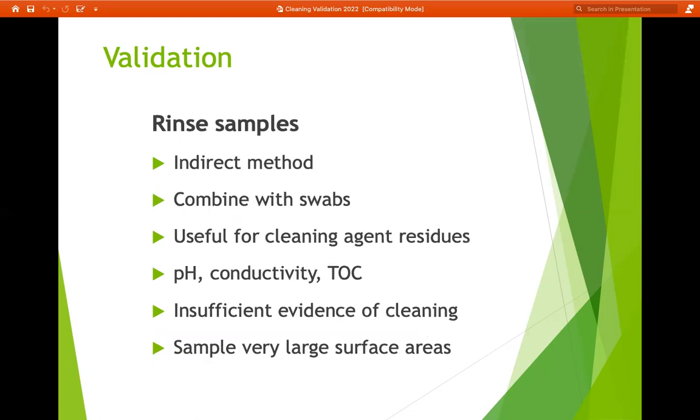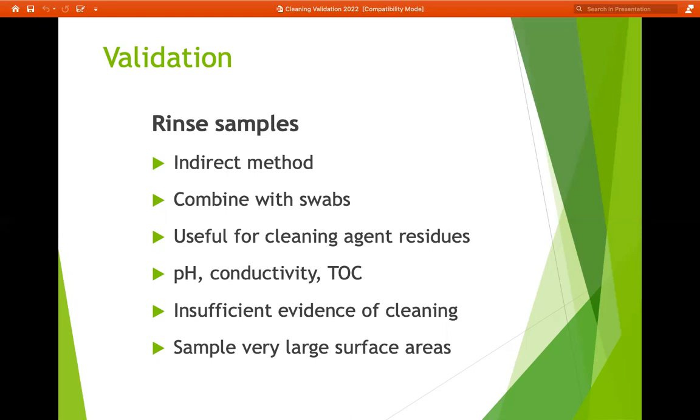Rinse sample is an indirect method of cleaning sample collection. You can combine this with swabs, and it is useful for cleaning agent residues. pH, conductivity, and TOC will be the most effective ways to analyze the rinse sample. Disadvantages: insufficient evidence of cleaning.